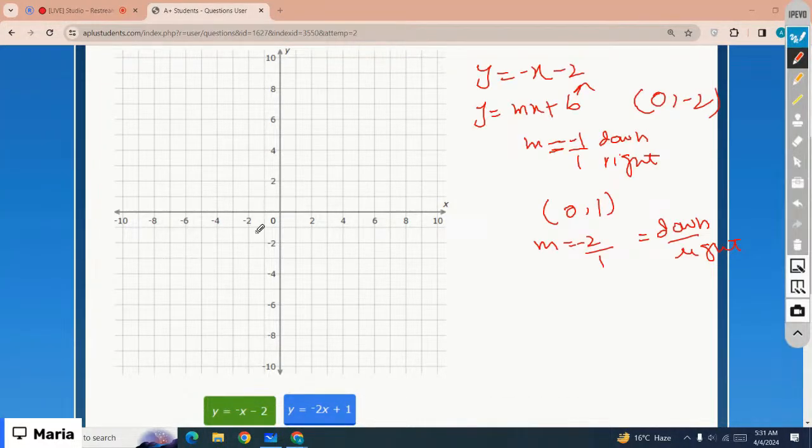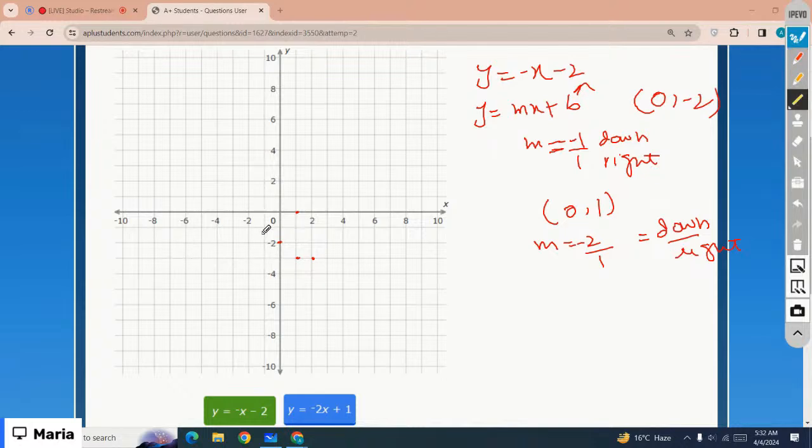Okay, for the first one, x is 0, y is negative 2. Here it is. Move down 1 point and right 1 point. Here is the other point, right? Just join them and make them align. For the other, x is 0, y is 1. Move down 1 point and right 1 point. Here is the other equation. Just join these points and make a line.